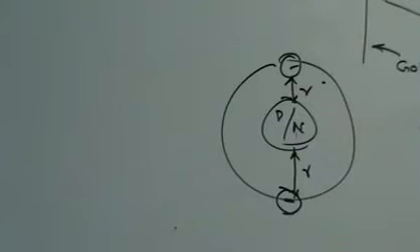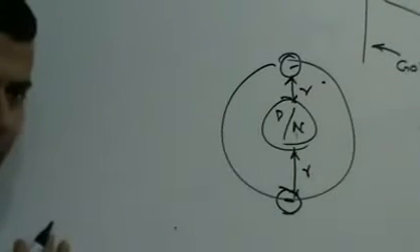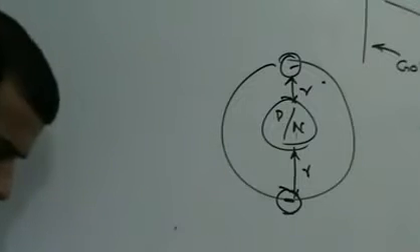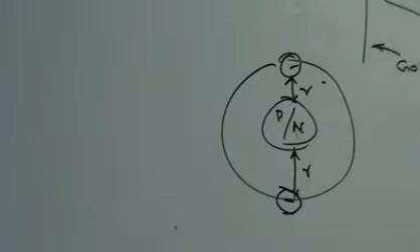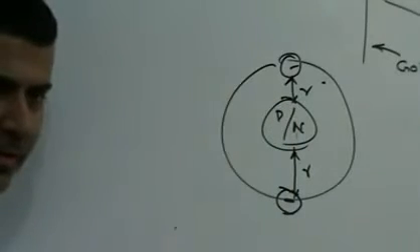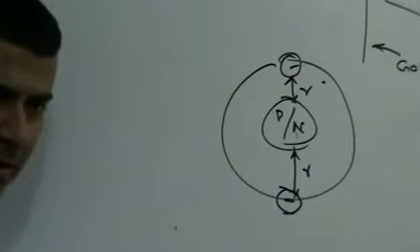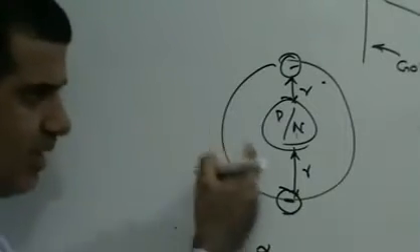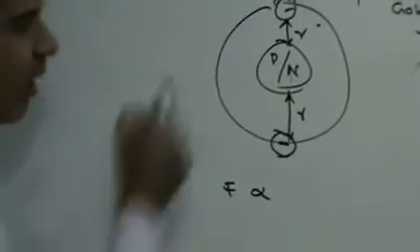Remember Newton's law of gravitation? He says that any 2 bodies in the universe attract each other with a force which is directly proportional to the product of the masses and inversely proportional to the square of the distance. Here it is proportional either to the masses or to the charge.